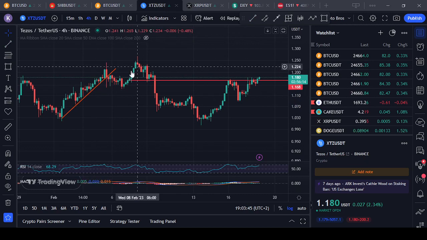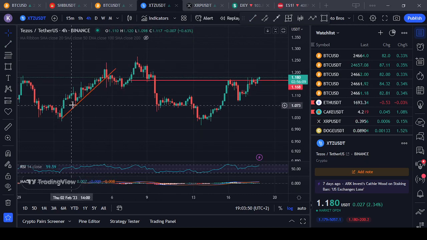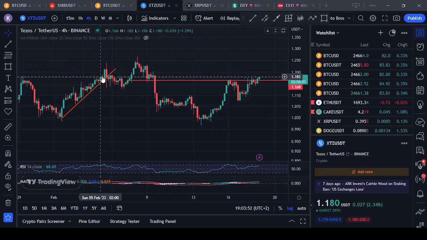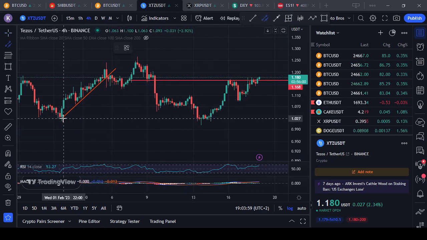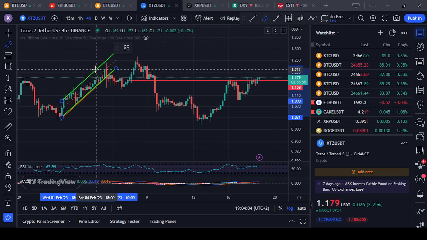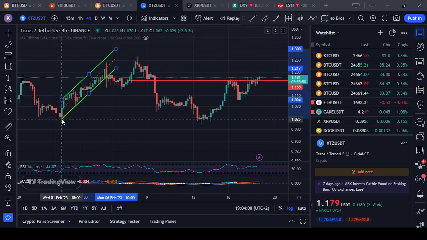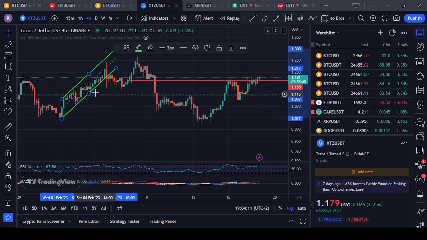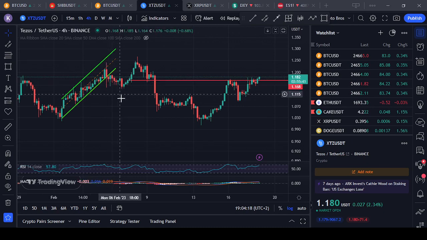Like so, diagonally, they can help me spot where a trend is moving and when I should expect it to react. If I want to combine a support and a resistance with a parallel channel, for example, like so, now I have a support and a resistance, and the price is moving in a channel.